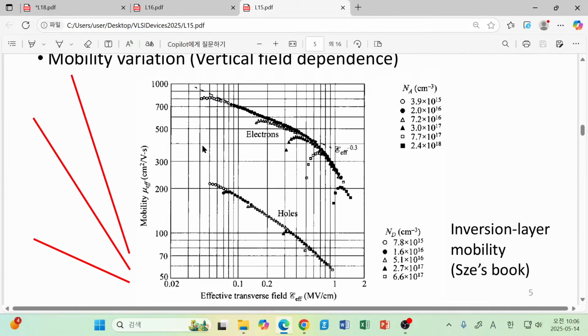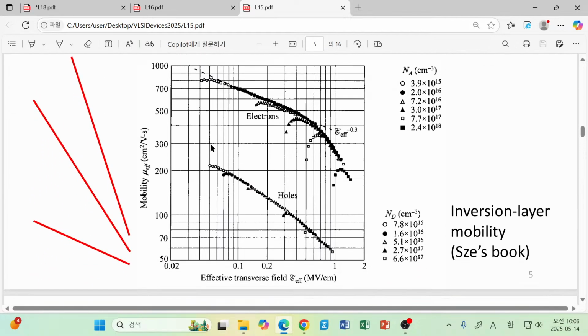Oh, yes. So we have seen this curve. As a function of effective field, the mobility follows a universal dependence. Do you remember?